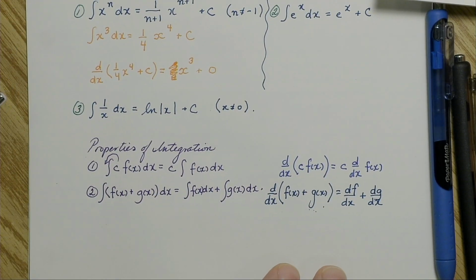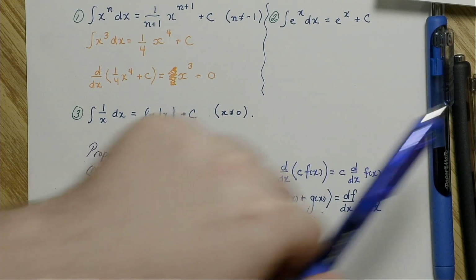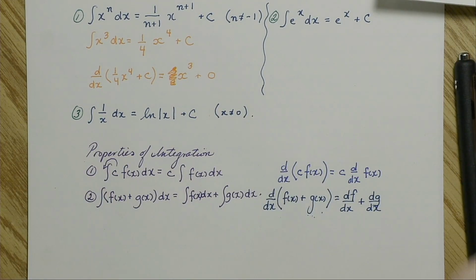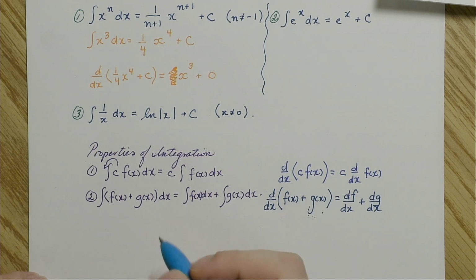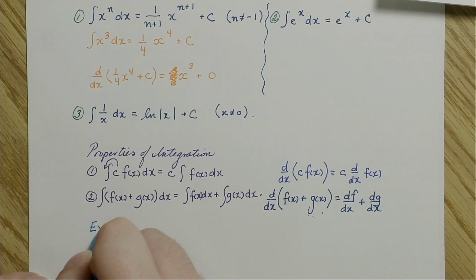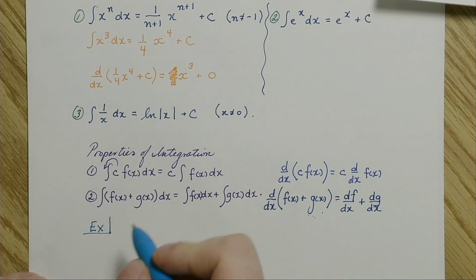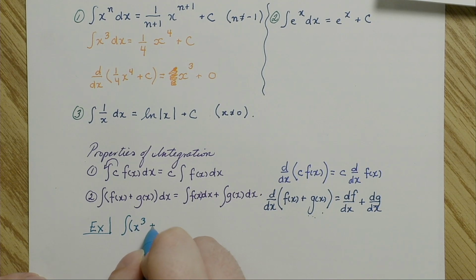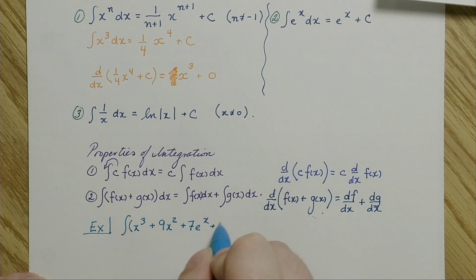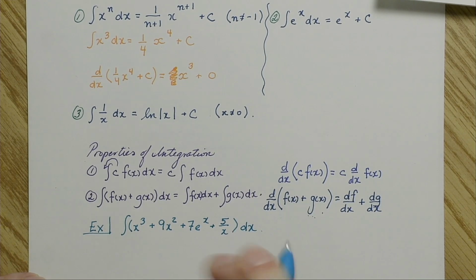Let's see if I can keep it all in the same window area. Here's an example, or a review. I want to integrate x cubed plus 9x squared plus 7e to the x plus 5 over x dx.